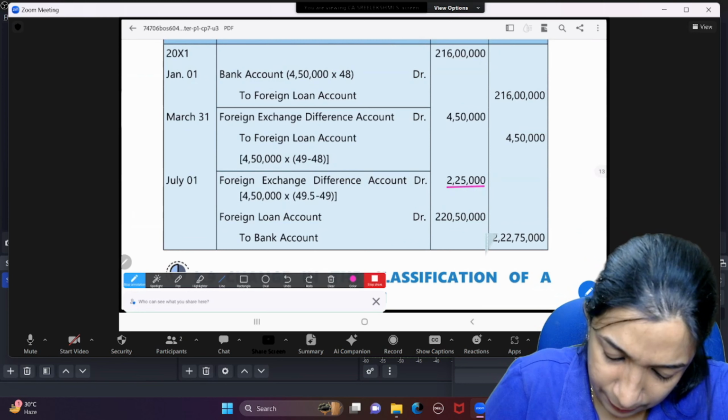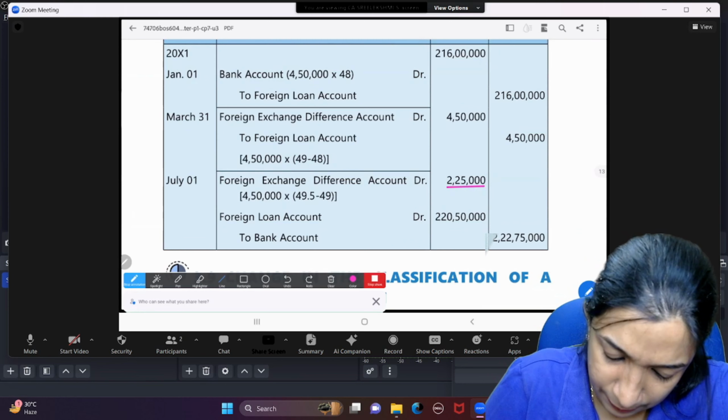So, if we do the journal entries for understanding, what are the entries to be passed on 1st January 2011? Say for example, purchases to creditors or payable, 15,000 into 75. Yes or no? 11,25,000.